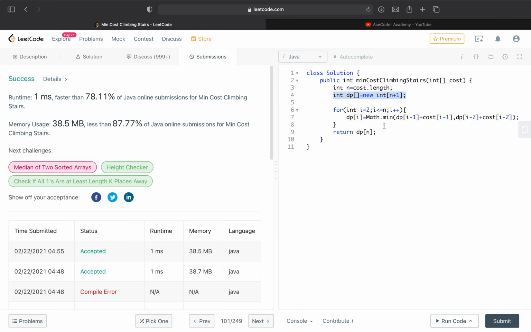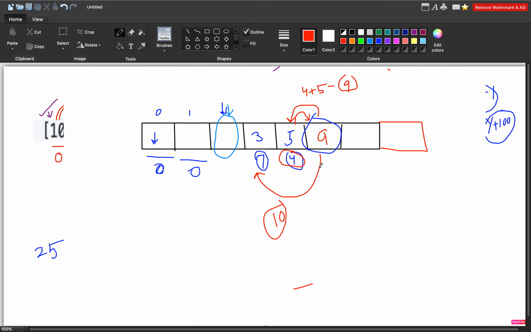But we can do much better here, it can be done in O of 1 space. How can it be done? We need to understand how we can decrease our space. Basically, for any index we just need the previous 2.